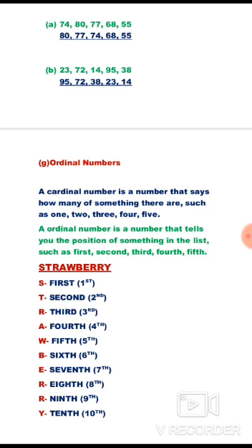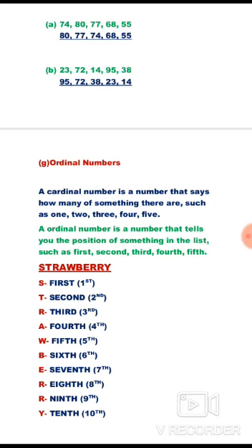Now A is on the fourth position. F-O-U-R-T-H, fourth, and we write 4-T-H, fourth. W is on the fifth position. Spelling is F-I-F-T-H, fifth, and we write it 5-T-H, fifth.